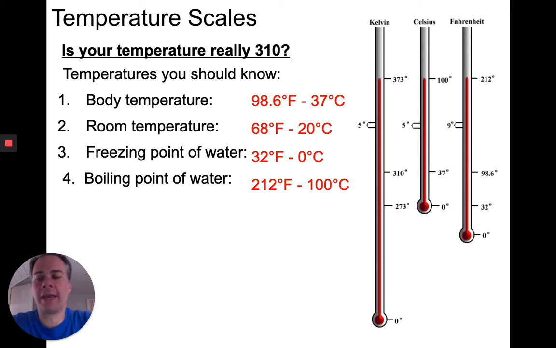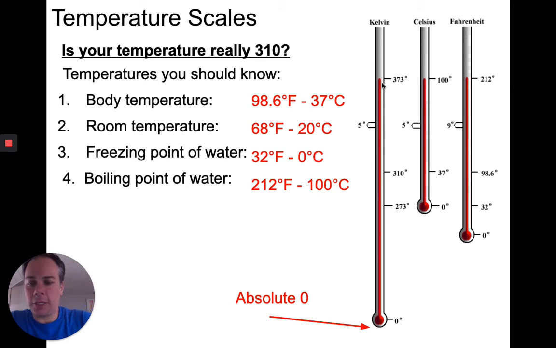There's another scale called the Kelvin scale. And the Kelvin scale is sometimes also used in science and research. The Kelvin scale is set up so that 0 degrees Kelvin is called absolute zero. If we think about temperature as the movement of molecules, as we cool down a substance, the molecules move slower and slower. Well, maybe you've thought of this: if you cool something down enough, eventually maybe the molecules stop.